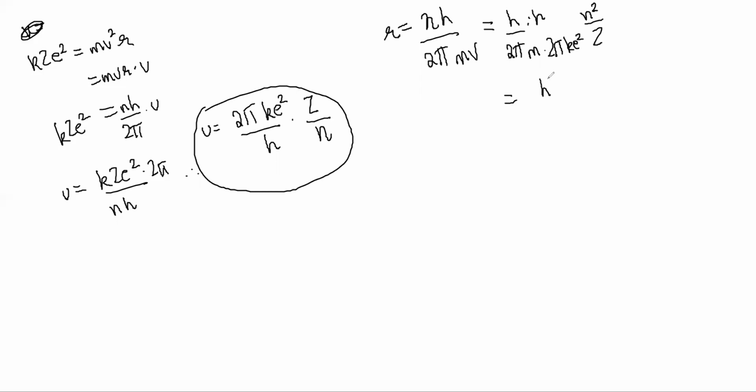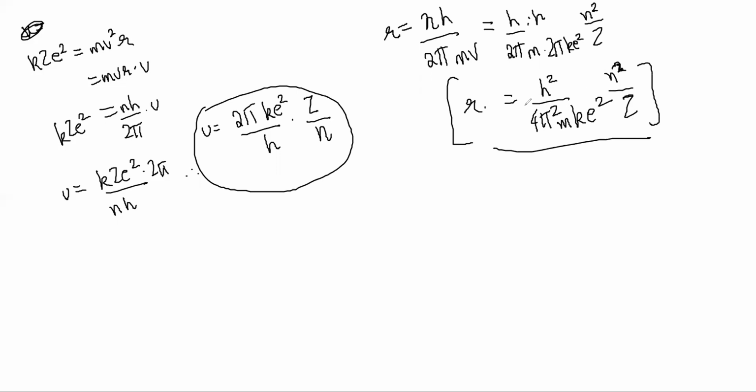So it becomes h square by 4 pi square m k e square into n square by z. So it takes only 1 or 2 minutes to derive it. It's not a big deal. Okay, you can derive it, but remember the formula with the values, so that you don't have to do that all the time. You can directly write the value for this and the value for this.